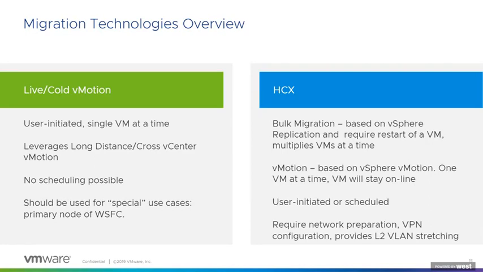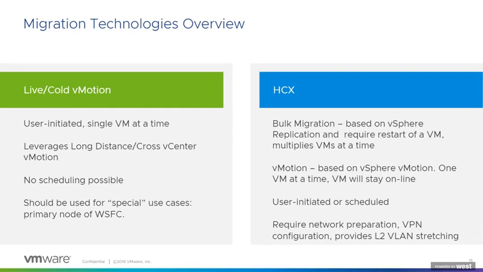Looking at the way you would migrate your SQL Server workload, assuming that it's already running on VMware vSphere on premises, VMware Cloud on AWS provides a number of ways to execute this movement, including normal vMotion, which could be live or cold vMotion, where you will be doing it from the vSphere client, user-initiated, a single VM at a time, leveraging long-distance vMotion.